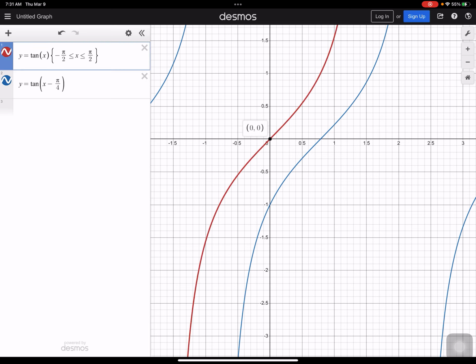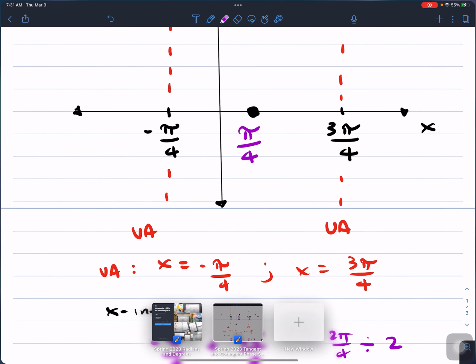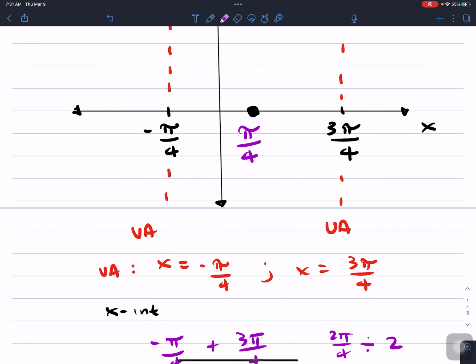You see that's the origin, and this is pi over 4, in blue. You got more than one cycle. But my point is, this sure enough is a right shift of pi over 4. So that origin moved to the right pi over 4. So it is a right shift.